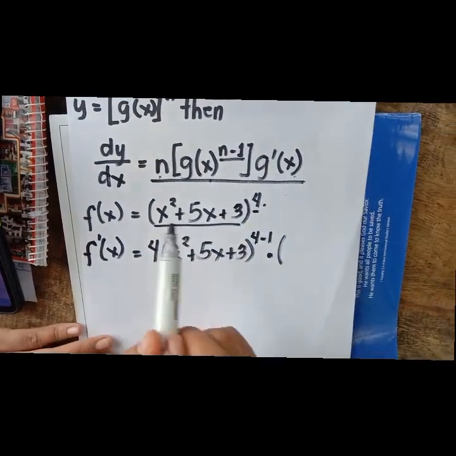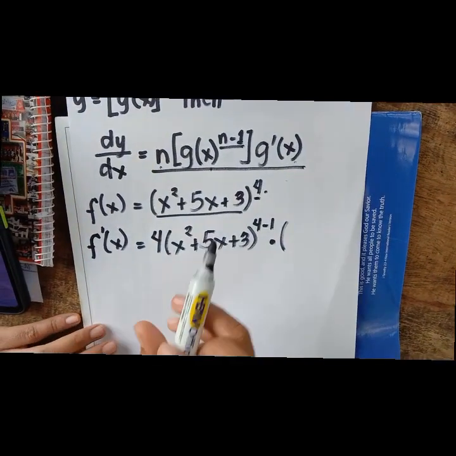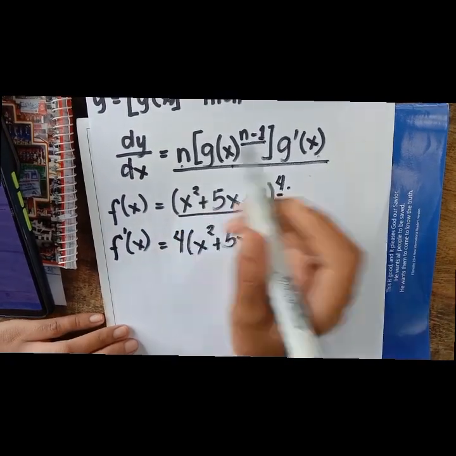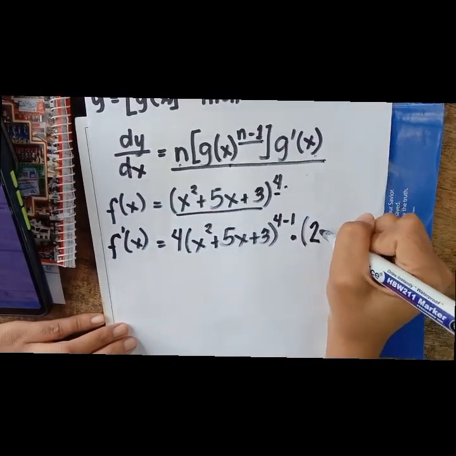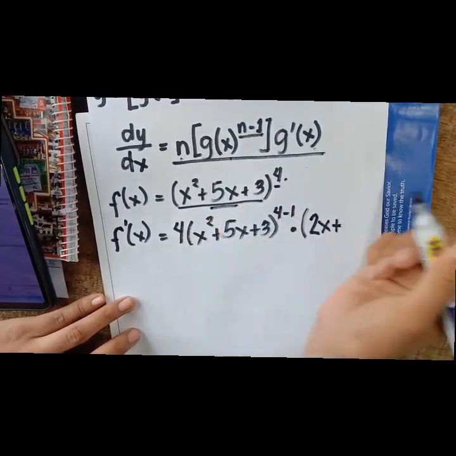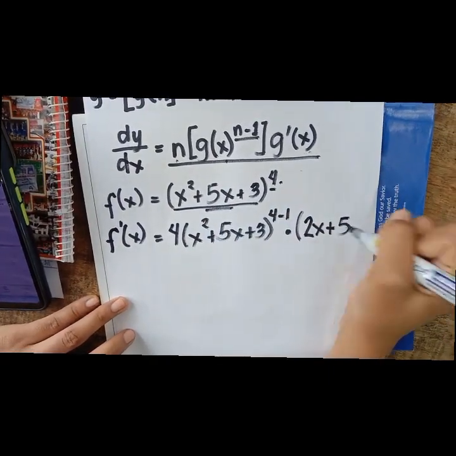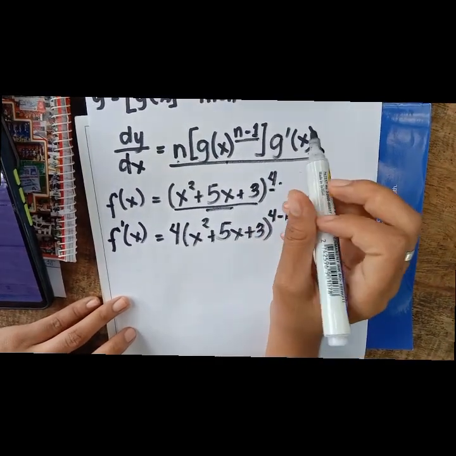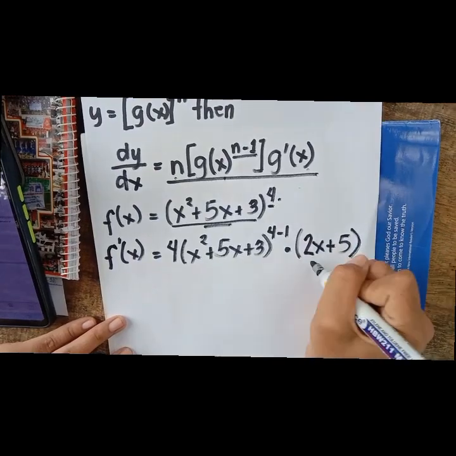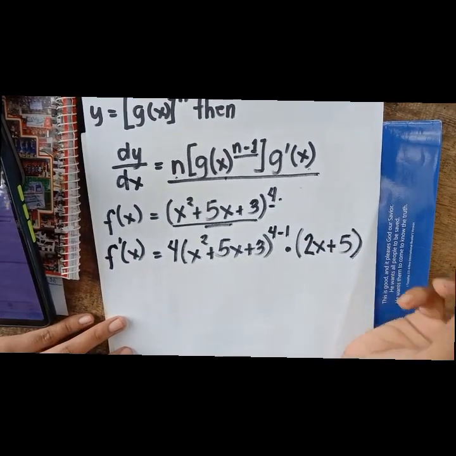So, let us find the derivative of this equation. It will be 2x plus the derivative of 5x, which is 5. Then, since 3 is a constant number, disregard. So, just 2x plus 5.